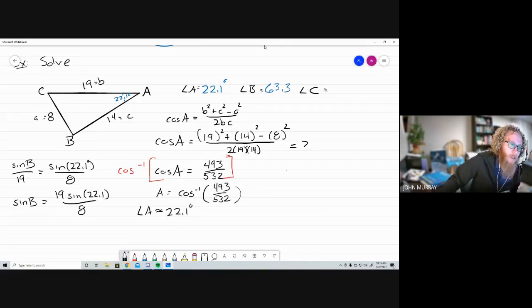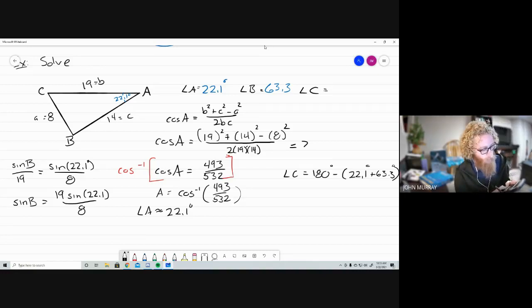And then angle C is the easiest. We subtract everything from 180.